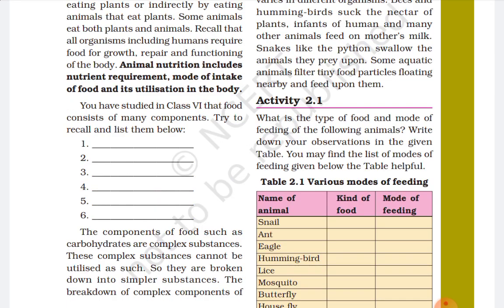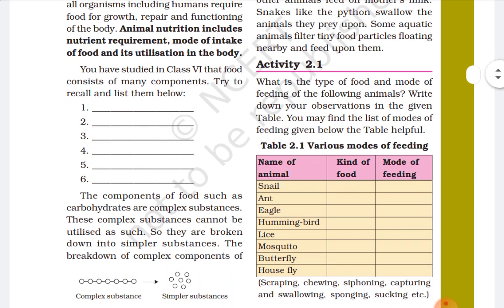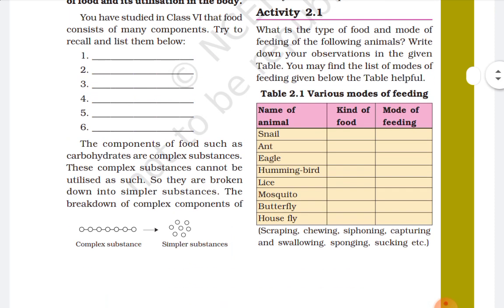Activity 2.1: what is the type of food and mode of feeding of the following animals? Write down your observation in the given table. You may find the list of modes of feeding given below the table helpful. You can see snail, ant, eagle, hummingbird, lice, mosquito, butterfly, housefly.